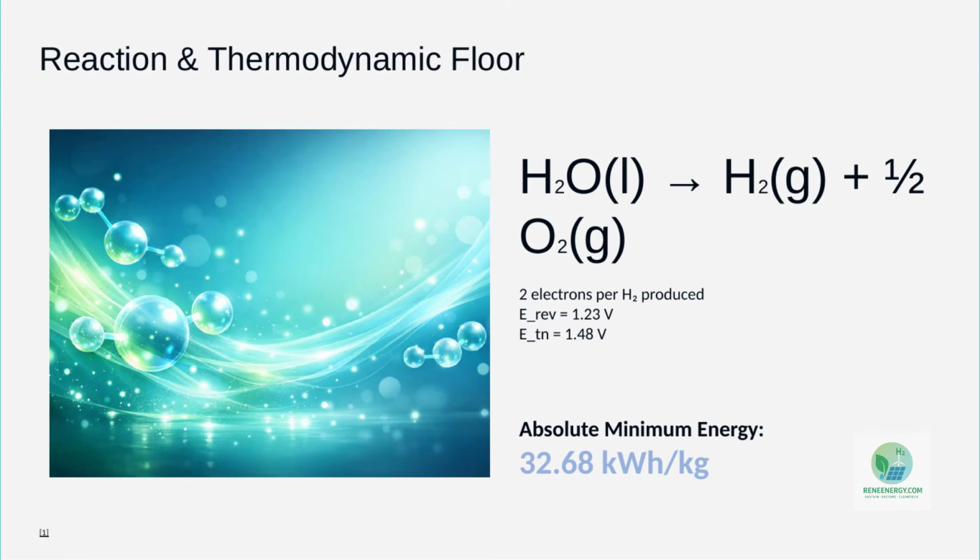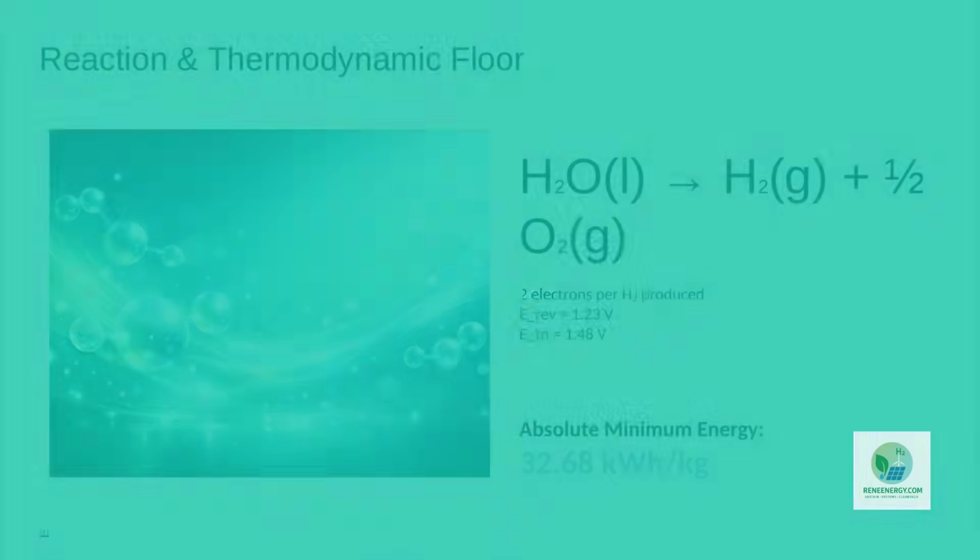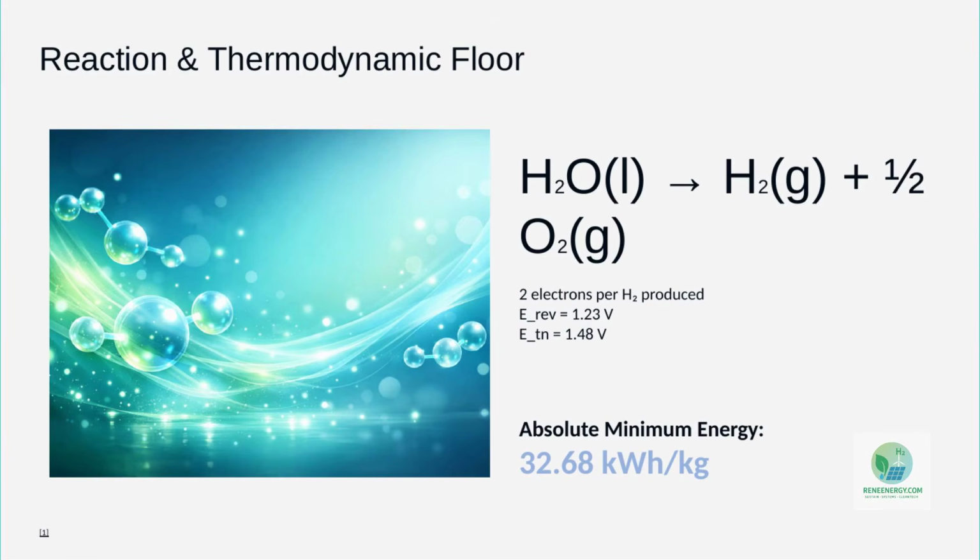However, considering the enthalpy change, which accounts for both electrical work and heat, we arrive at the thermoneutral voltage, E_tn, which is 1.48 volts. This higher voltage signifies the energy input needed if the process were to be entirely self-sustaining without external heat exchange. Based on these principles, the absolute minimum energy required to produce 1 kilogram of hydrogen is precisely 32.68 kilowatt-hours.